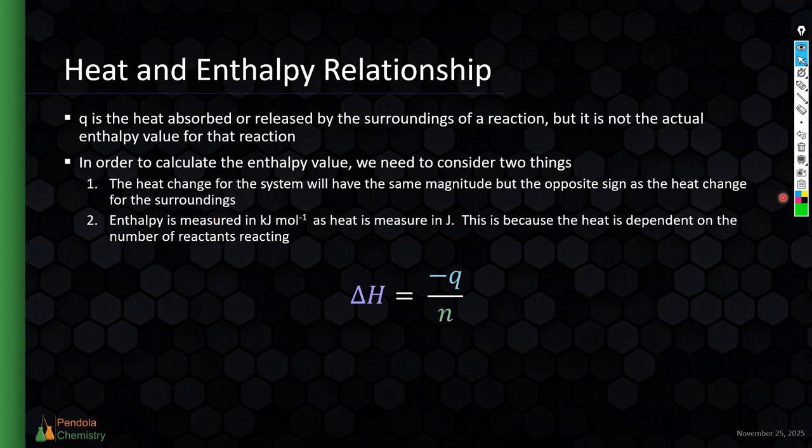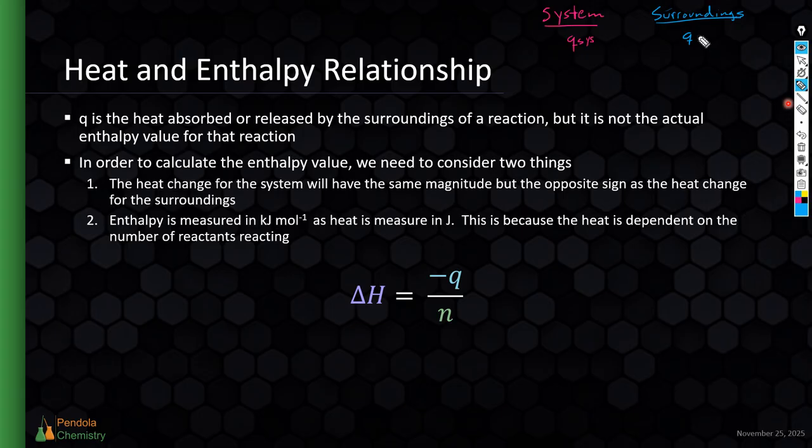What does that mean? That means if we have the system versus the surroundings, we'll put the surroundings in blue. The Q of the system is going to be the opposite sign as the Q for the surroundings.